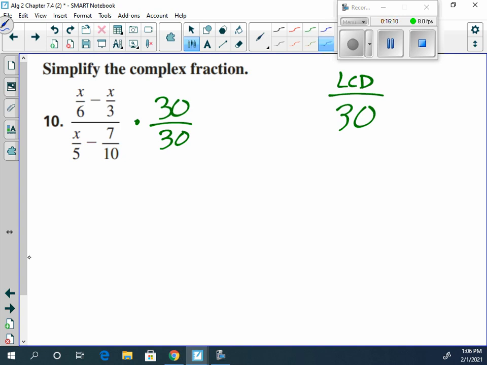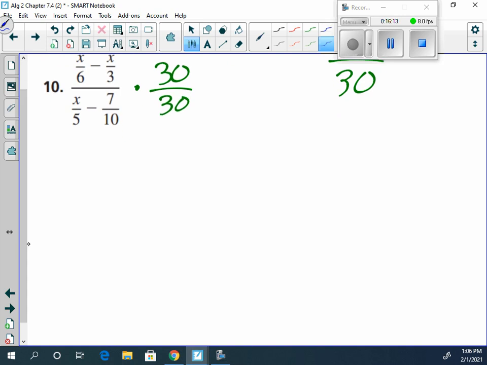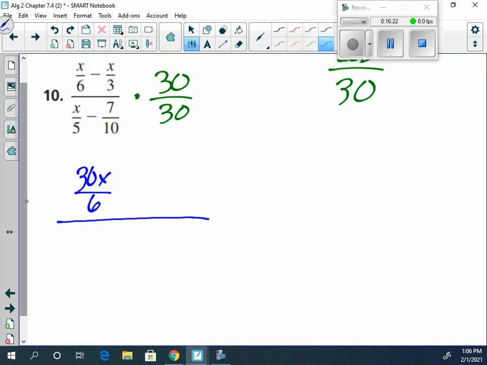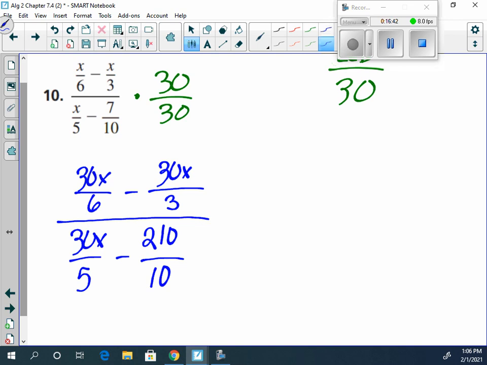And when we do this here, we're multiplying each term on top of this fraction by 30. So 30 times x will give us, well, 30x over 6 minus 30 times x would be 30x over 3. We do the same thing on bottom. 30 times x would be 30x over 5 minus 7 times 30 is 210 over 10.